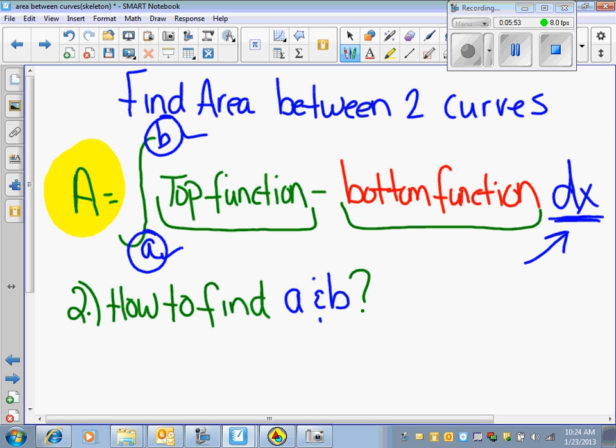In order to find a and b, you're going to set f of x equal to g of x. This is always how you find points of intersection. You set these functions equal to each other, and once they're equal, that means they're at the same place. So how do you find your limits of integration? You set a equal to b.